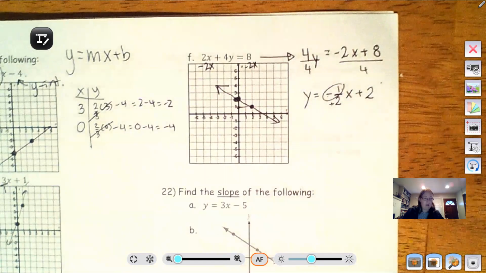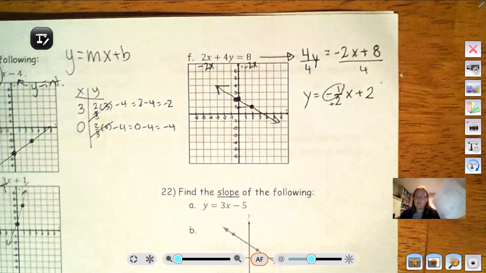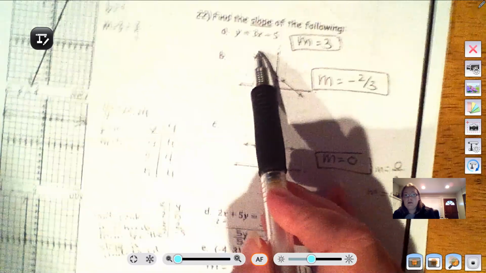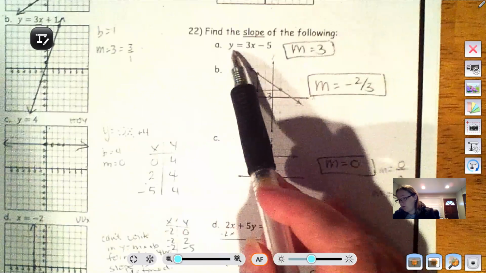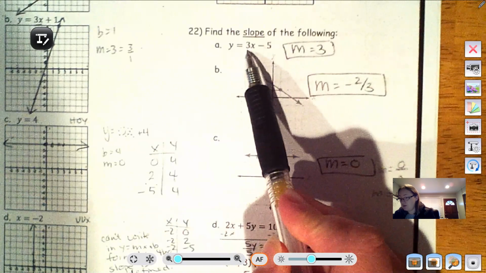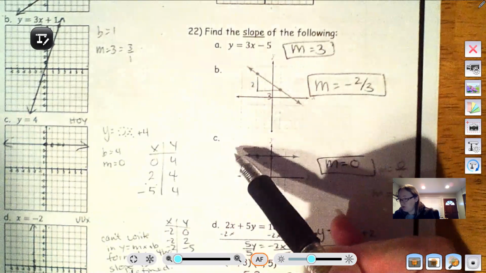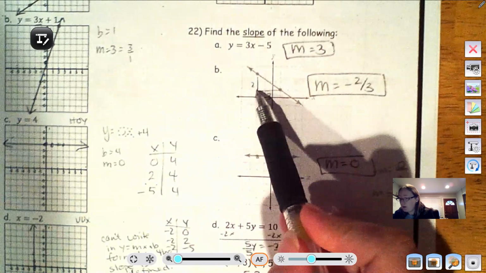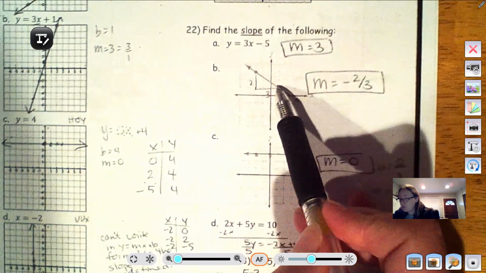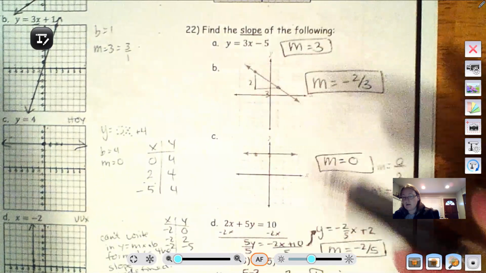All right, I'm going to talk about slope for a moment. You might be asked to state the slope given an equation for a line where it's in slope intercept form, so the slope's just the 3. You might be asked to find the slope from a graph, so you can use rise over run, or you can look at the coordinates of those points and use the slope formula, which you'll see later on down on the page.